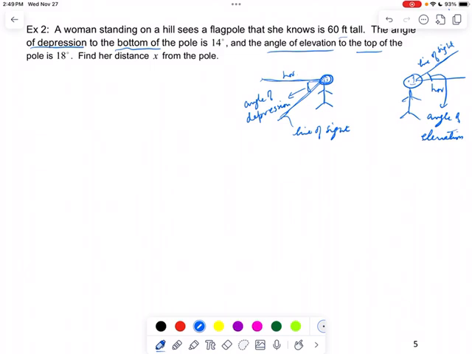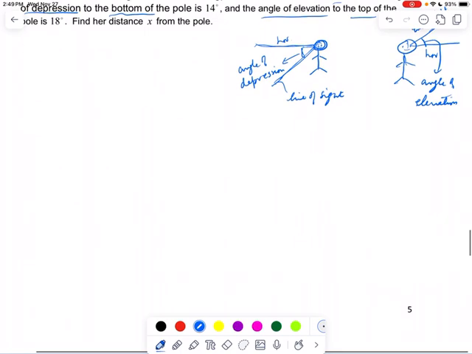Okay, so let's see what our picture looks like. We have a hill. Let me make the hill here. So let's say this is the hill and the woman is standing here. And at a certain distance from the hill there is a pole. This is the ground.